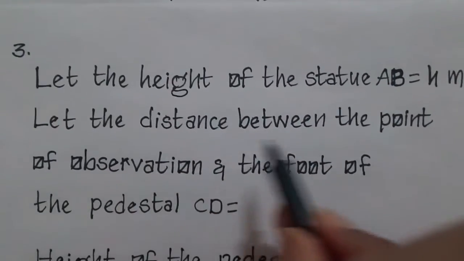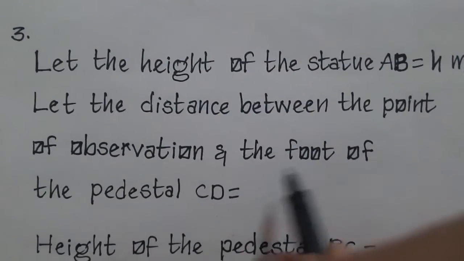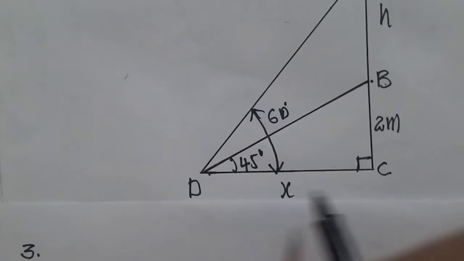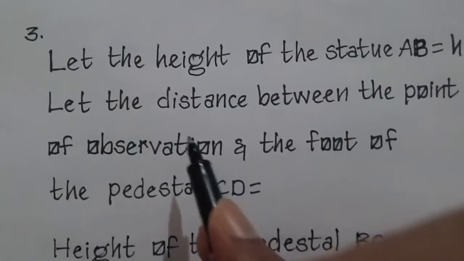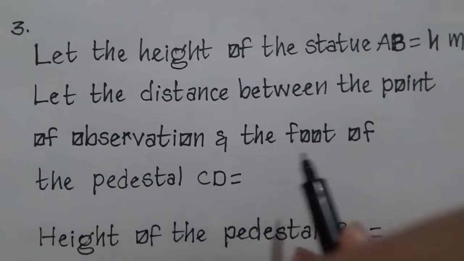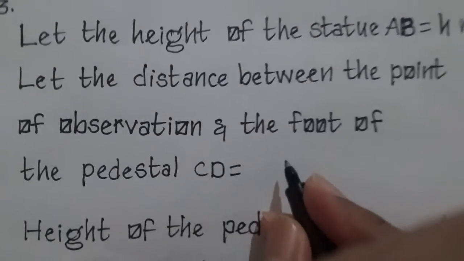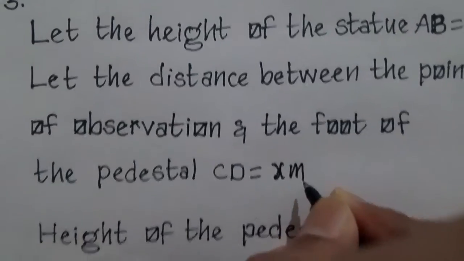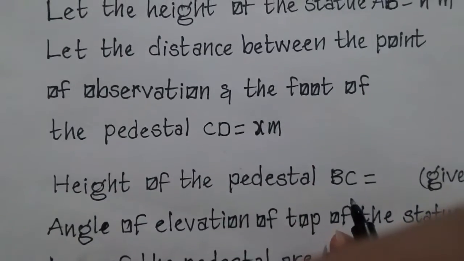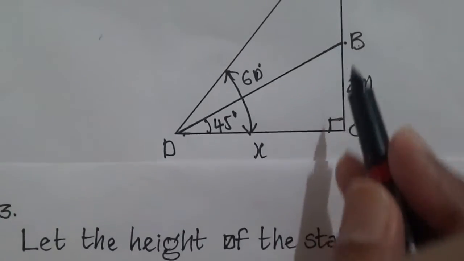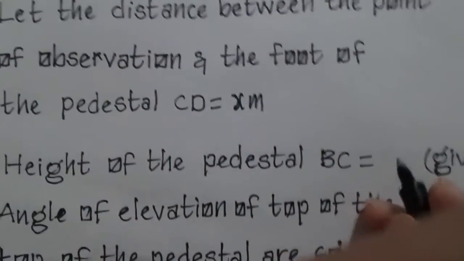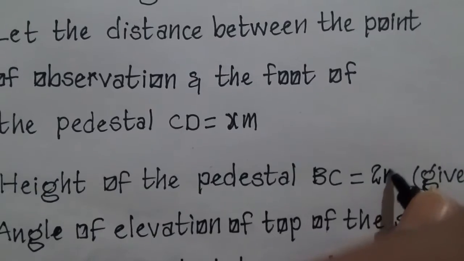Next, let the distance between the point of observation and the foot of the pedestal, CD, be x meters. And the height of the pedestal BC is equal to 2 meters. This is given.